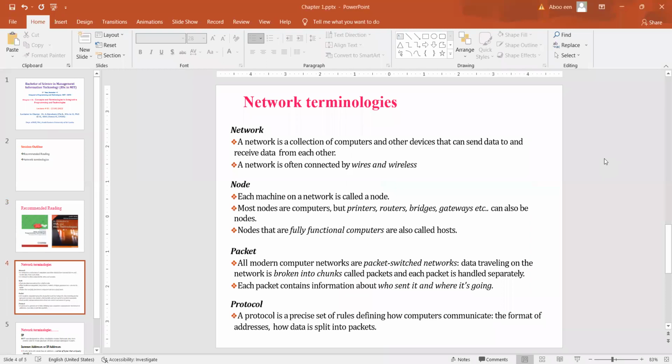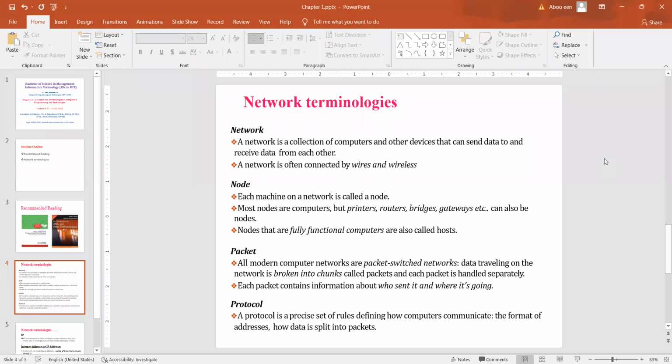Each machine on a network is called a node, and most nodes are computers, but printers, routers, bridges, gateways, etc. can also be nodes. Nodes that are fully functional computers are also called hosts.